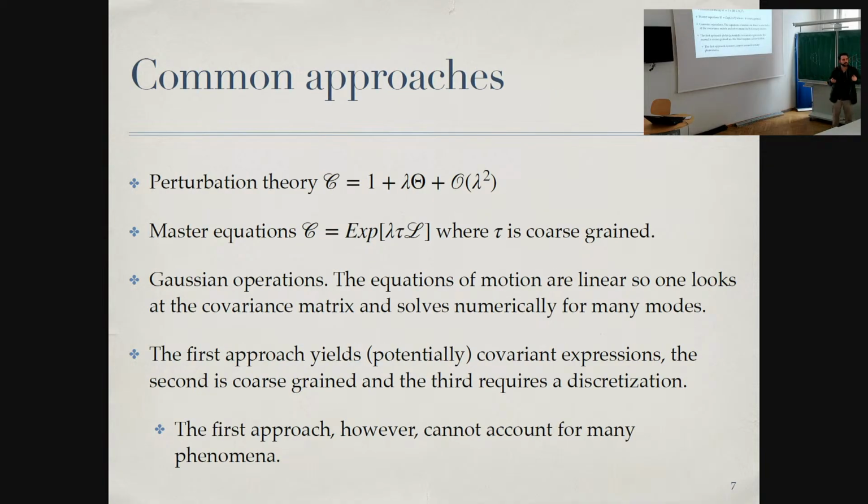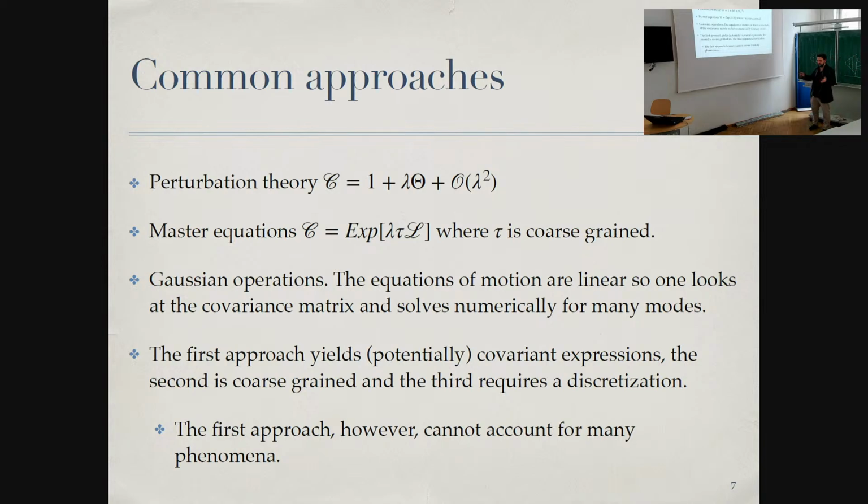So what are the common approaches? The first one is where we do perturbation theory. Every time you see something like this, okay, we calculate this thing at second order in perturbation theory, basically what you're saying is that your channel is the identity channel plus some perturbation that I'm calling here theta. I won't use it again, so forget about it.